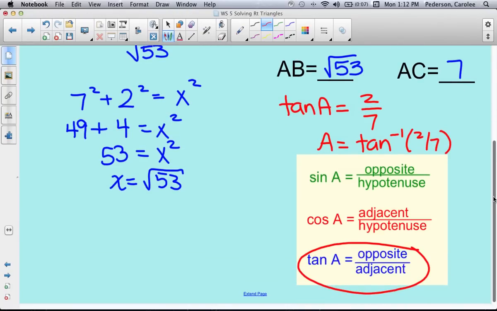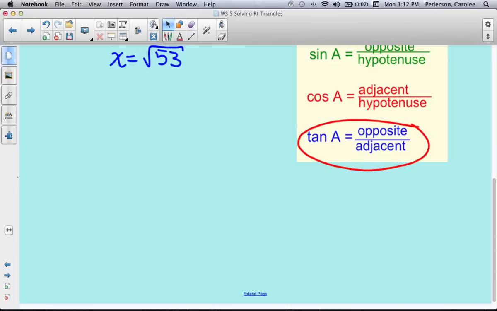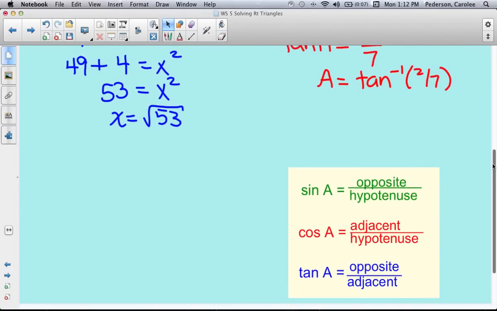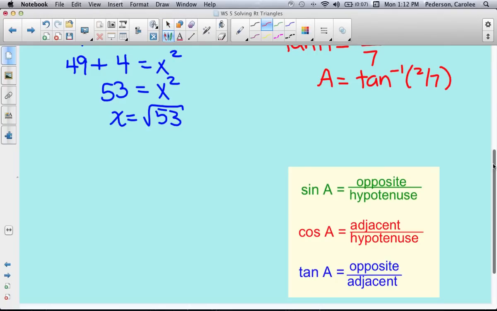Go second tangent, 2 divided by 7, and enter. And what you get for an answer is A is approximately 15.94. So A equals, we'll just round it to 16 degrees.